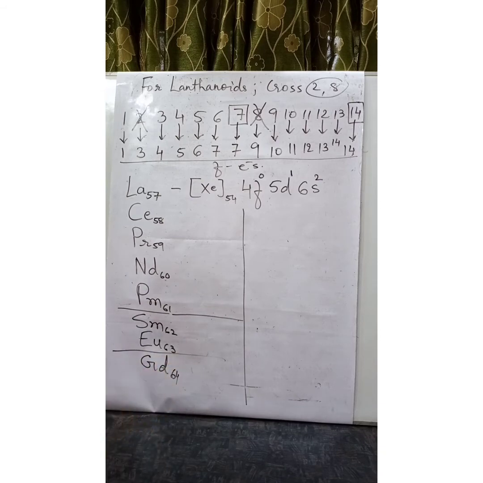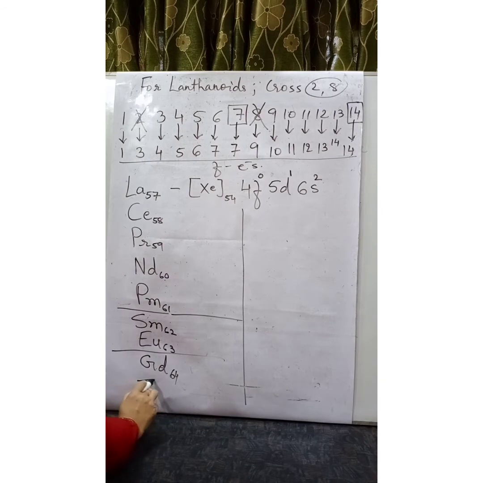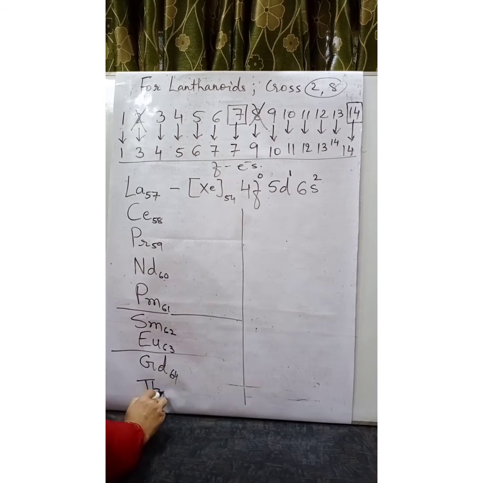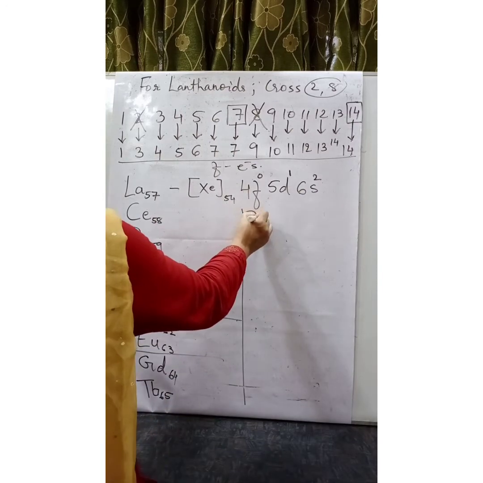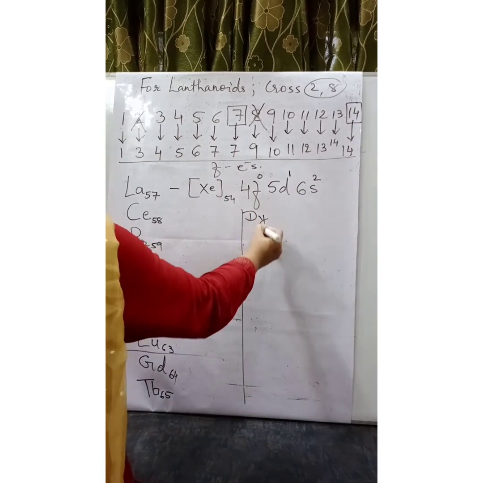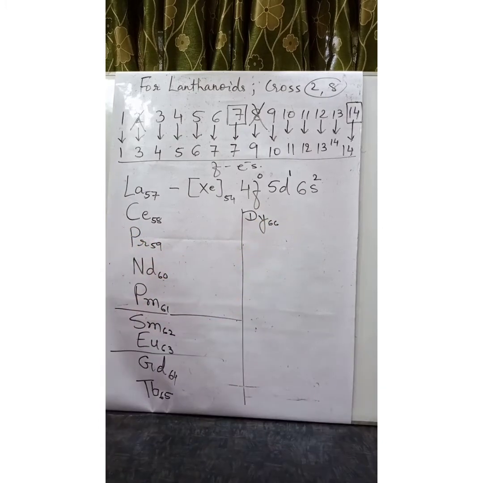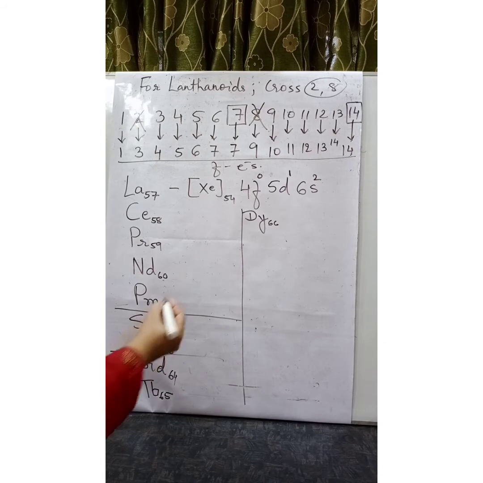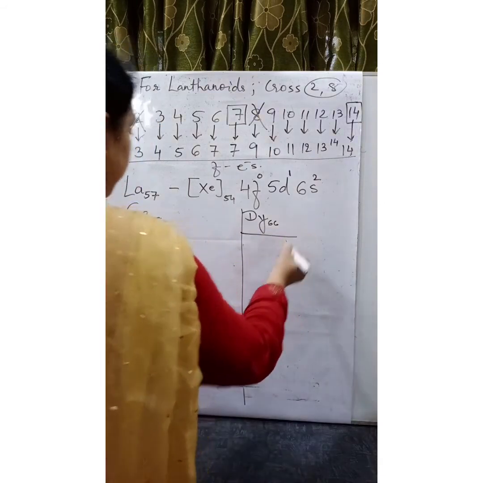Gd, 64, gadolinium. Tb, 65, terbium. Dy, 66, dysprosium.